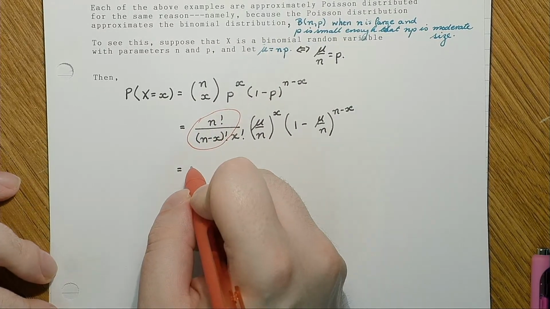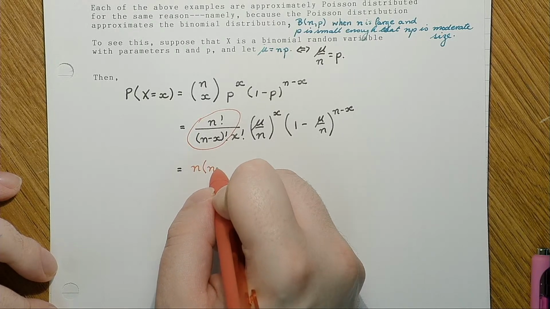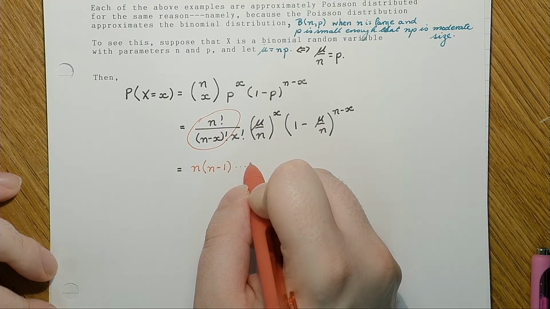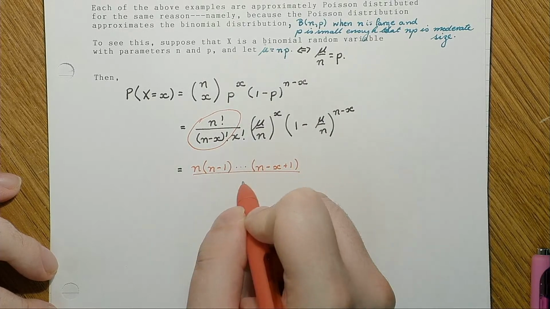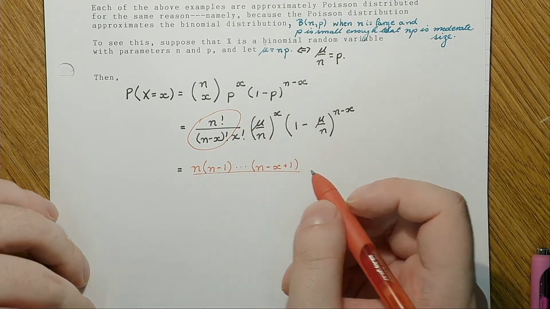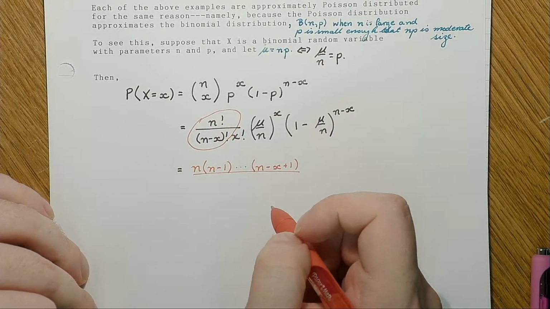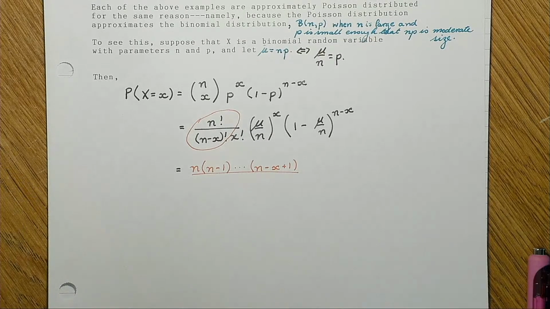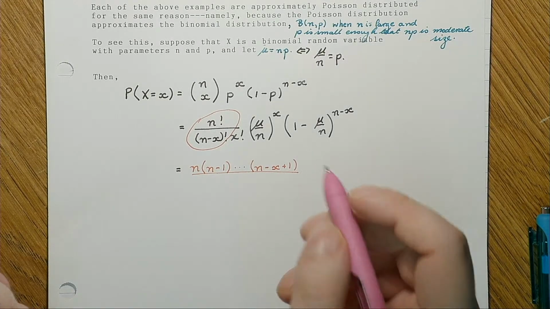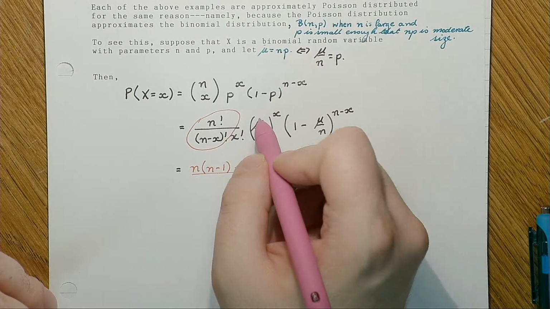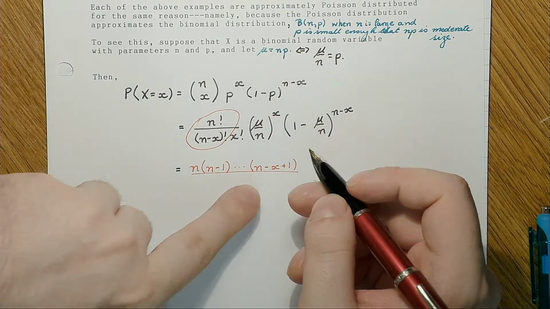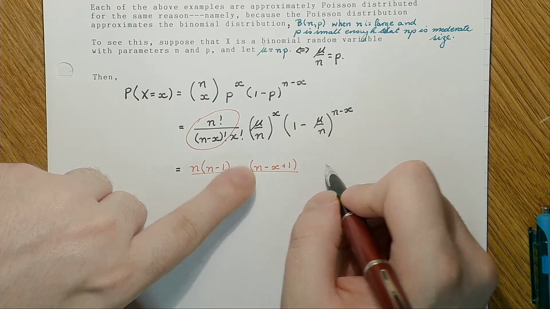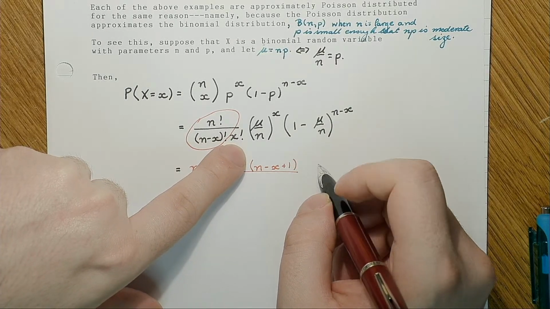So I'll have n times n minus 1, dot, dot, dot, all the way down to n minus x plus 1, all over, that part right there. But I still have this x factorial.